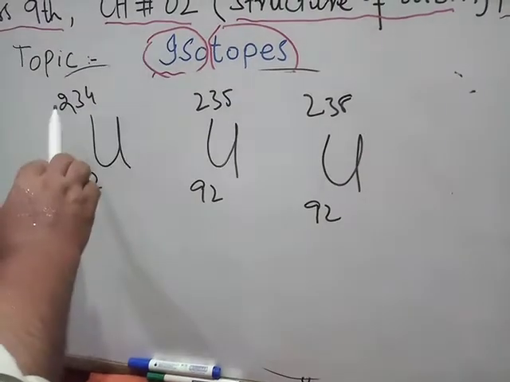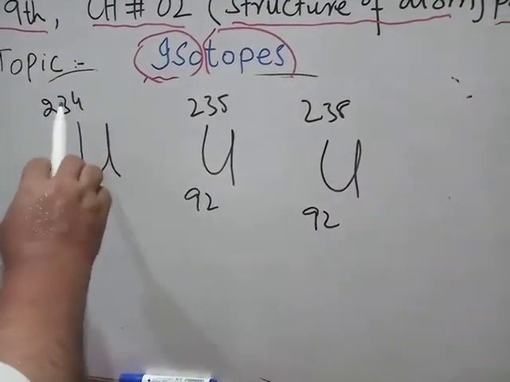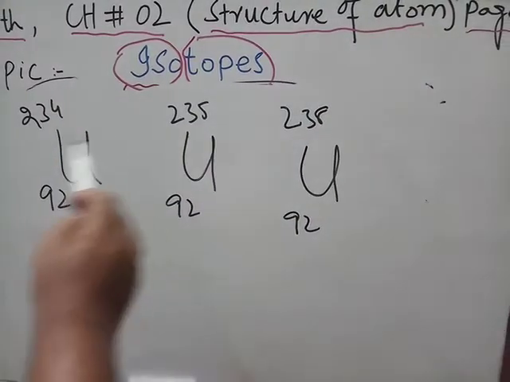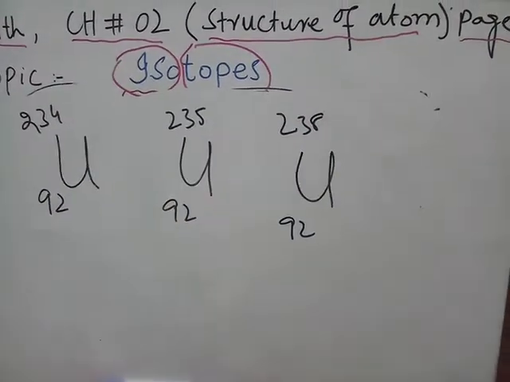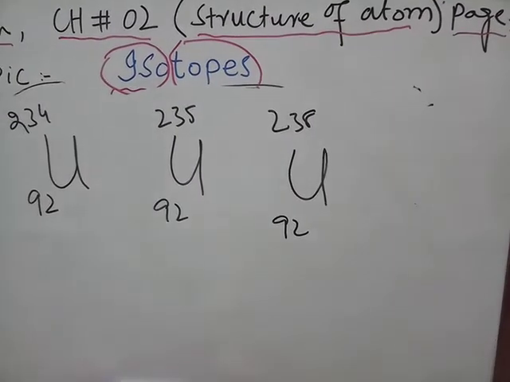One has mass number 234, the second is 235, while the third is this isotope.